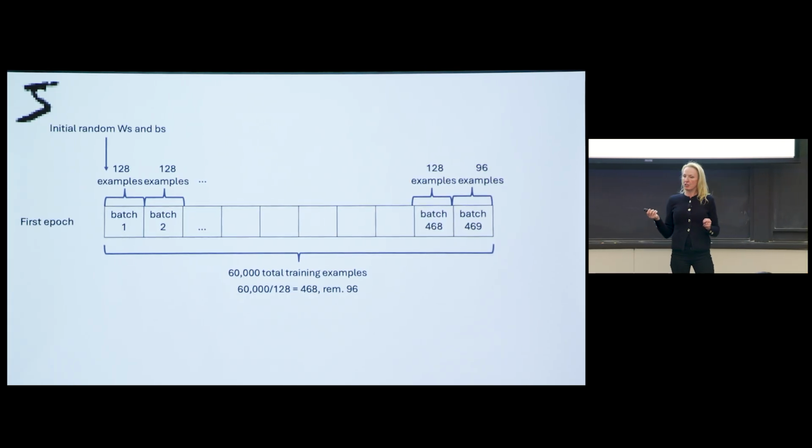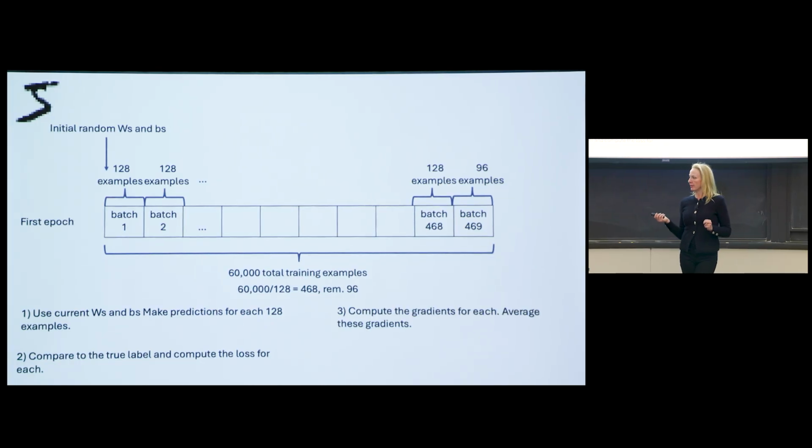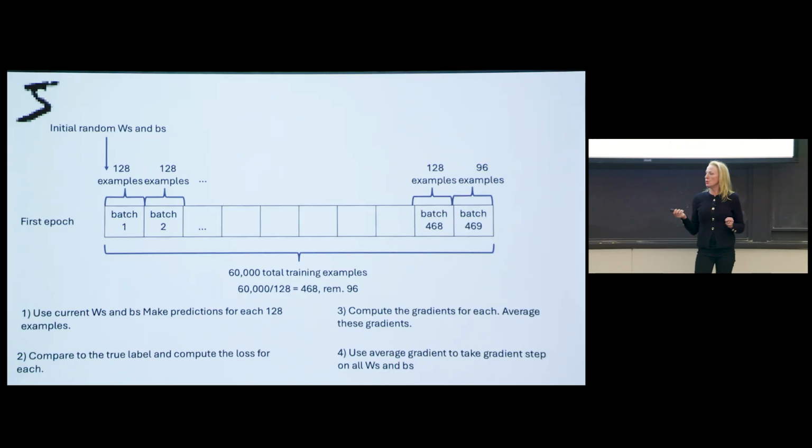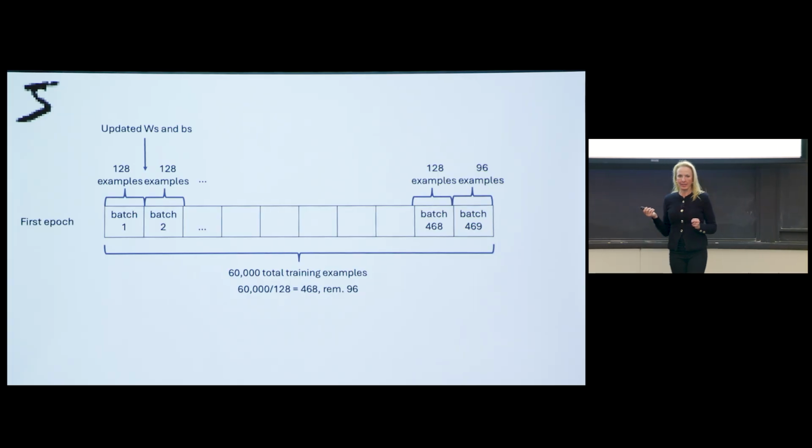So we start with initial random weights and biases, go through that process, make the predictions, compare each to the true label, compute those gradients and average them, and then use those to take a gradient step. And now what I have are updated weights and biases.